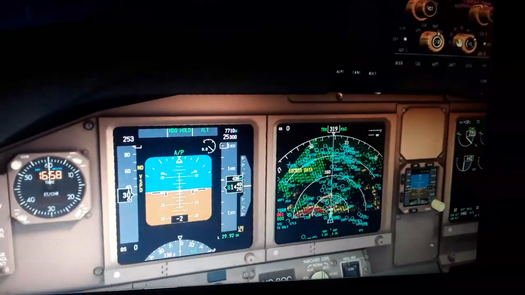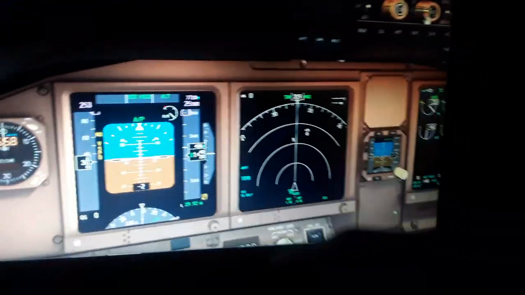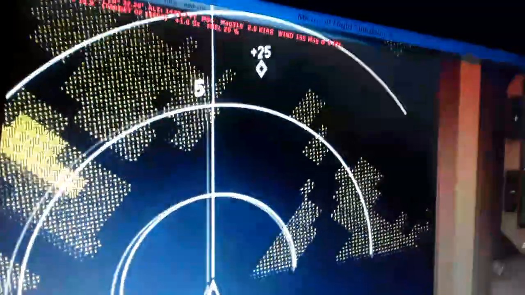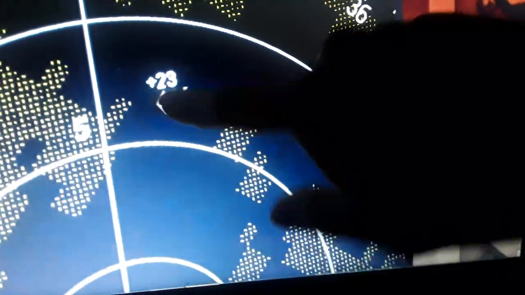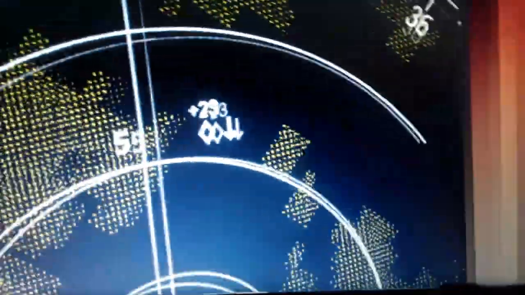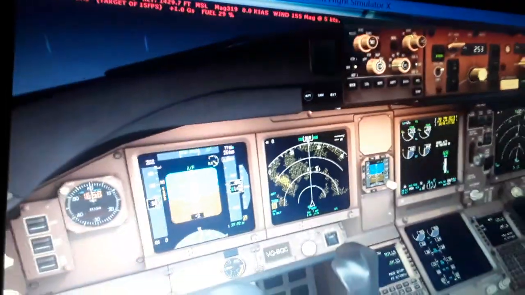You can see other aircraft flying closer or farther away from you. You can see one is coming here in the radar display. It's 2,400 feet above us. You can see its indication now is 2,300. It's descending and it's coming closer and closer to us, to the runway for landing. Now it's 2,200.